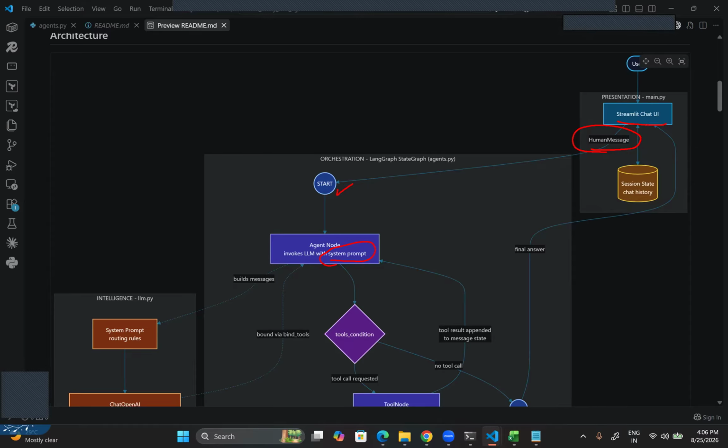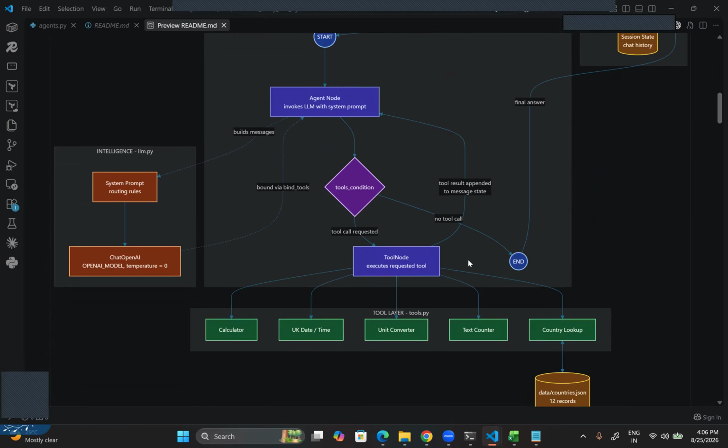Now, if the model decides that it needs a tool, then what happens?